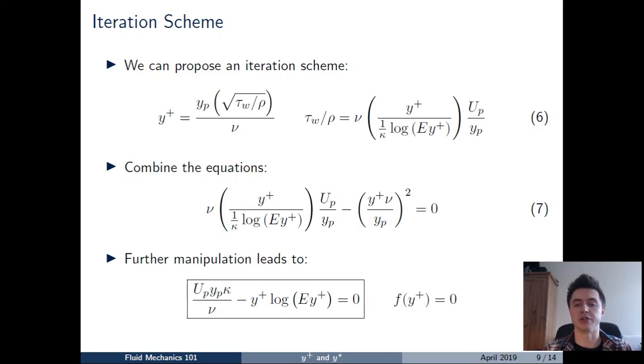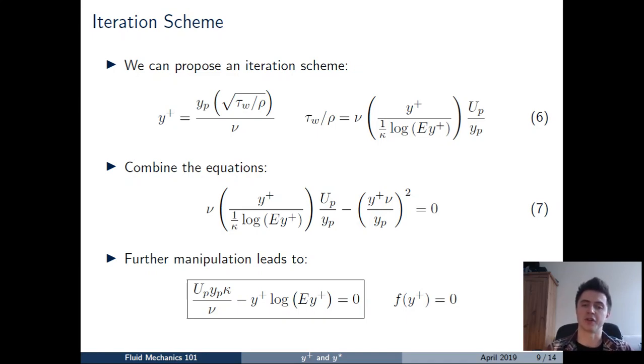And then what we can do is use some further manipulation, and that leads us to equation 8. And you should be able to follow through those manipulations fairly straightforwardly from equation 7. And what you'll notice here is that we have a single equation in terms of yPlus only, and it's written in the form of some function of yPlus equals 0.